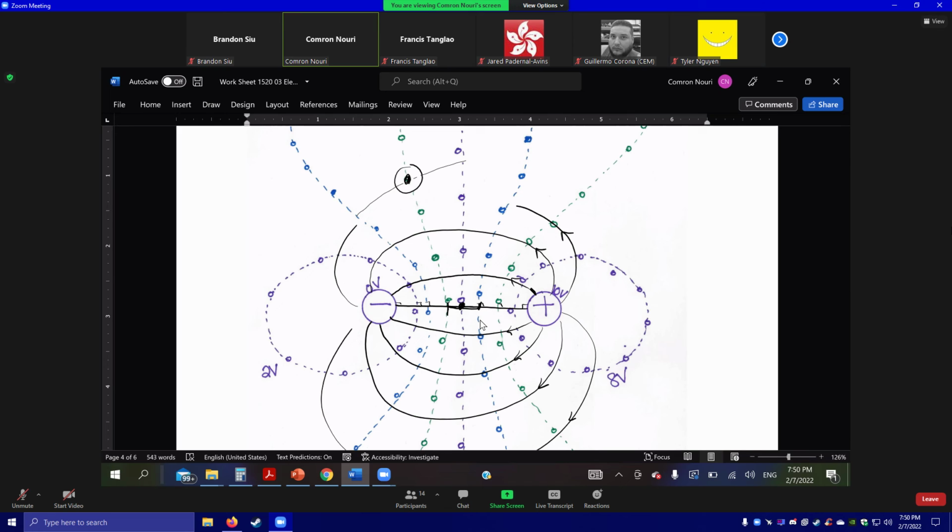Of course, when equipotentials are closer to each other, electric field lines will be closer to each other at that point. So both concentration of electric field lines and equipotential lines indicate the strength of the electric field.